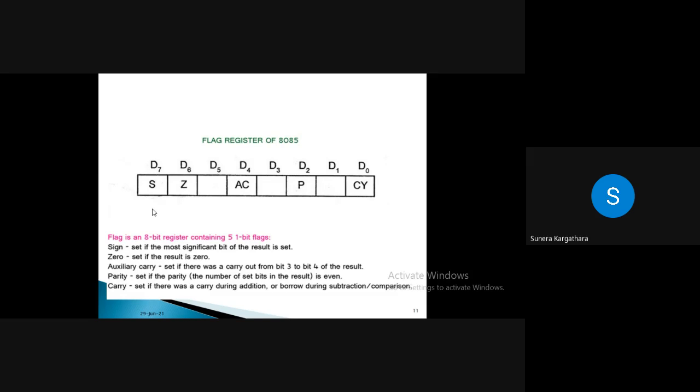Students, what I'm trying to tell you is, are you understanding the difference between signed number and unsigned number? Suppose you are having 8 bits, D0 to D7, a total of 8 bits. You will use this whole 8 bits to represent your magnitude.